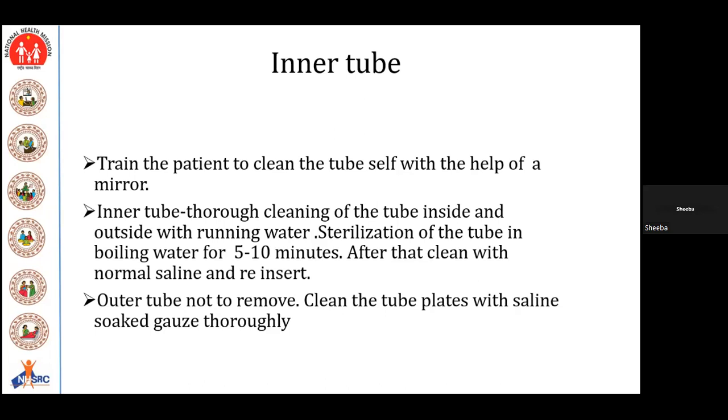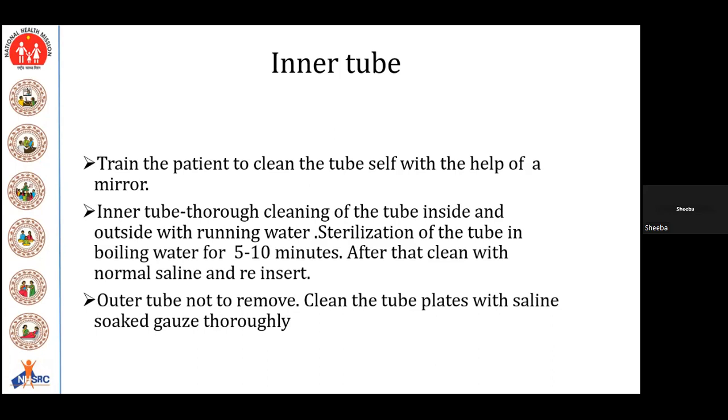If it is a permanent tracheostomy, during the initial period they will give a Portex tube. After 3 months, they will change the Portex tube to the metal tube. So you have to train the patient how to clean the metal tube and how to clean the Portex tube.